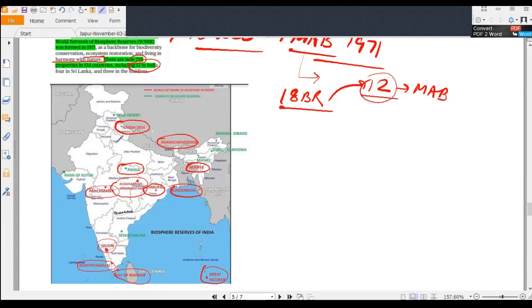So these are 12 biosphere reserves that are under Man and Biosphere Reserve program. Latest being Panna.